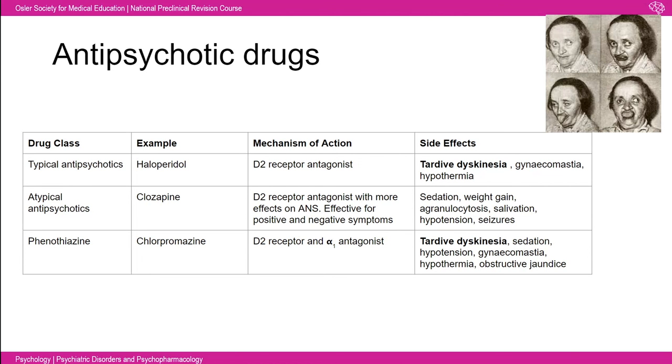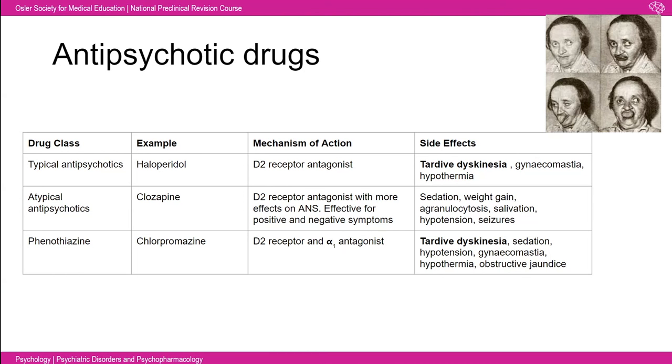They are much better at treating both the positive and the negative symptoms, whereas typical antipsychotics are much better at focusing on the positive symptoms and not the negative symptoms. So even though they're not hallucinating anymore, they still have that apathy and generally low mood, which is obviously not really solving the schizophrenia problem overall.